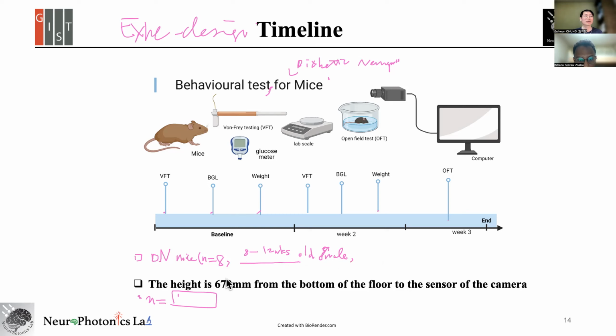Okay, so that's your mouse model. And then control, n equals 4, and that's the same. You have to make sure this part. So that's the experimental design. Please make sure to double check that.